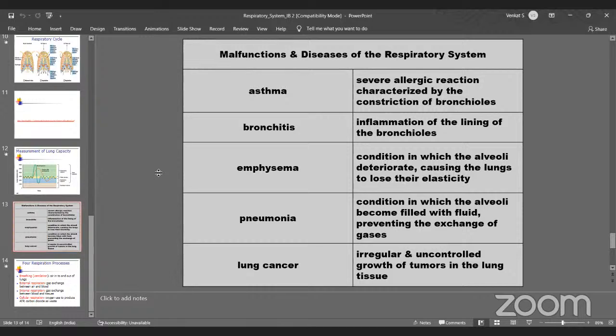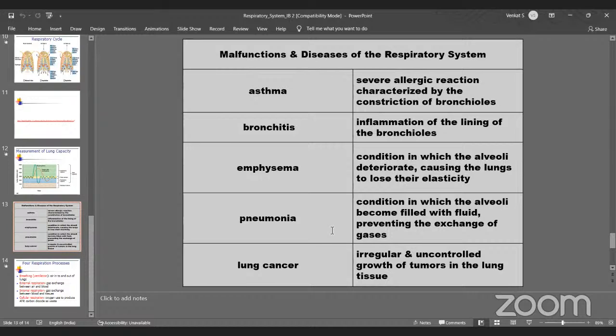Next, malfunctions and diseases of the respiratory system. Asthma: a severe allergic reaction characterized by contraction of the bronchioles. Bronchitis: inflammation of the bronchioles. Emphysema: destruction of the alveoli, causing the lungs to lose their elasticity.